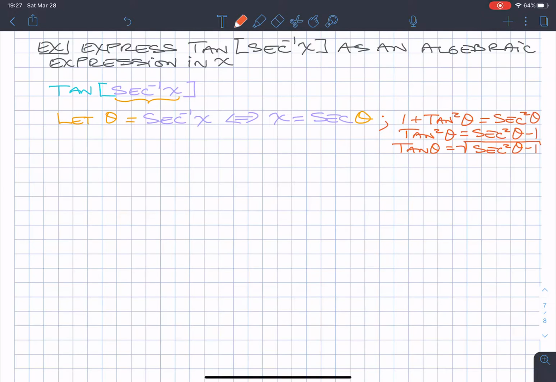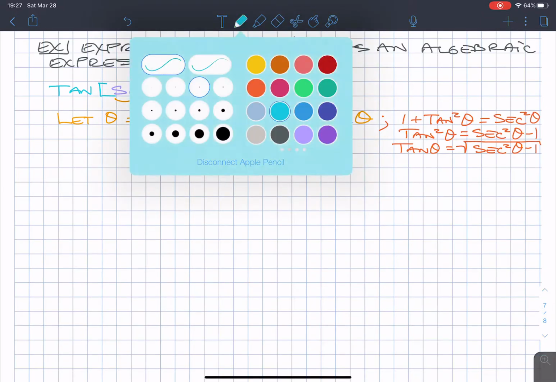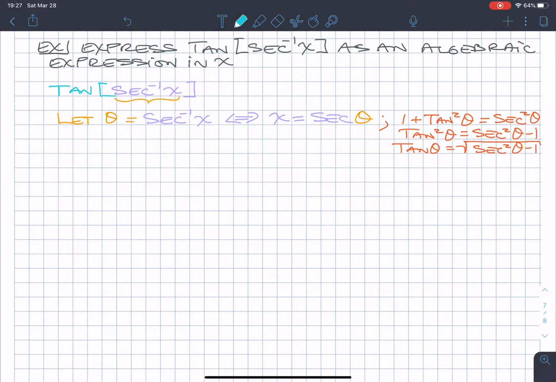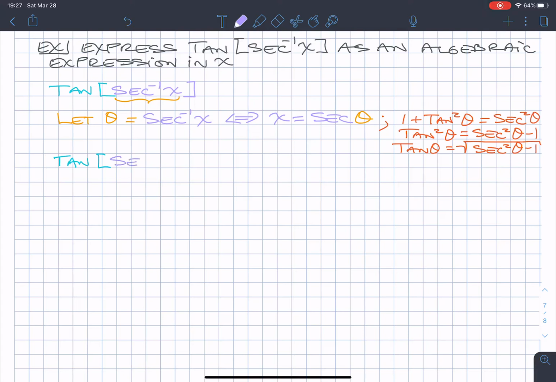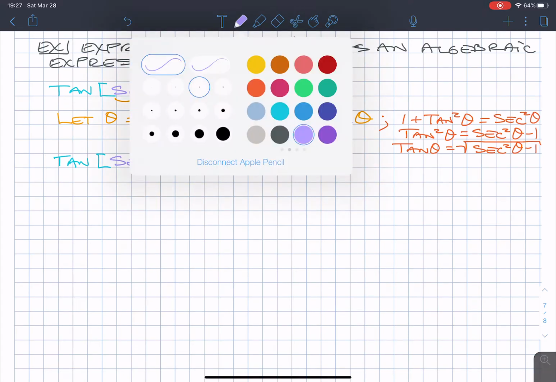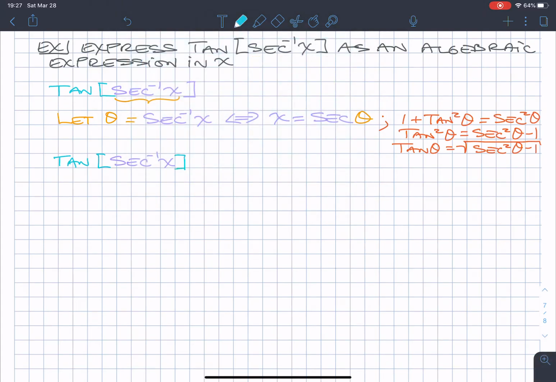Okay, so how's that going to help me out? Well, what do I have? I have tangent of secant inverse of x, right? But do you agree that secant inverse of x was theta? So I can write this as tangent of theta.